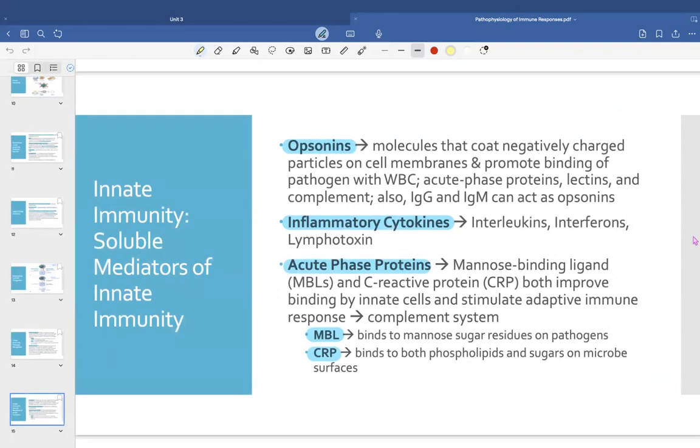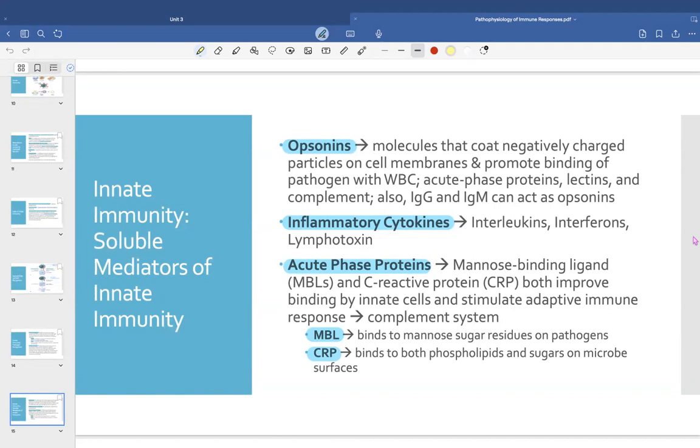Okay, as far as your acute phase proteins, the big categories that we talked about, mannose binding lectin is one. The one you're more familiar with is C-reactive protein. Okay, both of those are going to help binding by your innate immune cells and stimulate that immune response, especially the complement system.